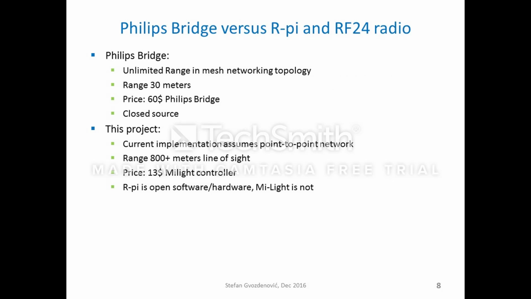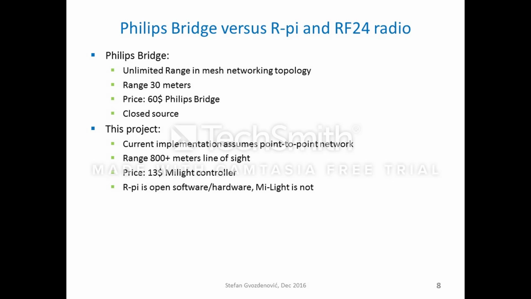Let us compare a commercial lighting control device and our custom solution. Philips Hue Bridge is a well-known candidate. Philips Bridge runs Zigbee stack, which is a standard, more about it later, while MyLight runs a non-standard 2.4 wireless protocol.